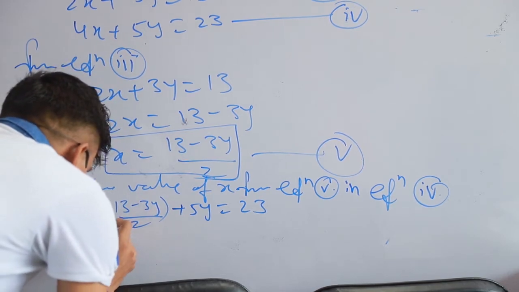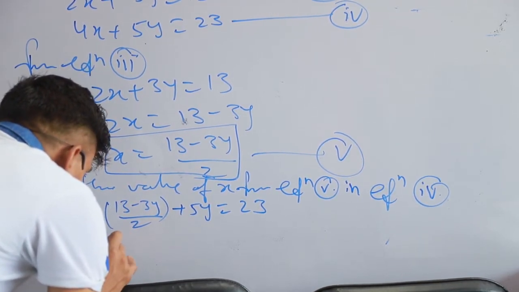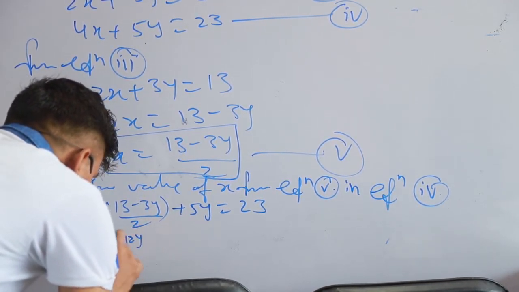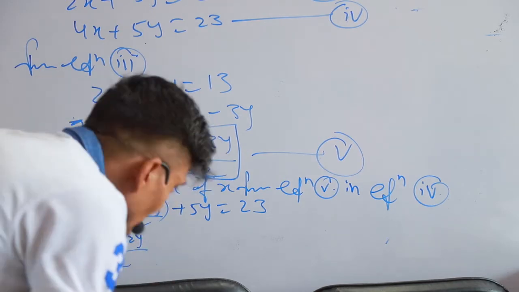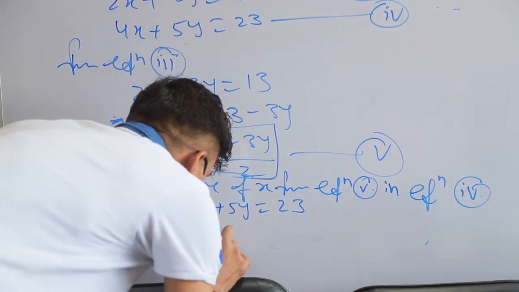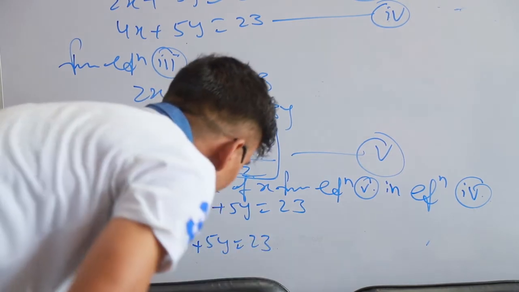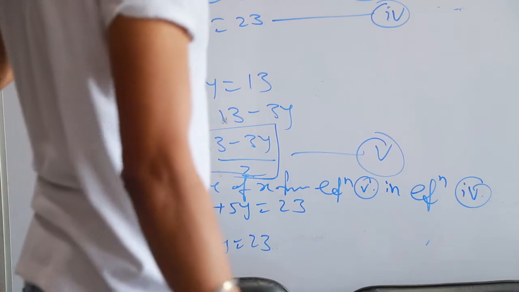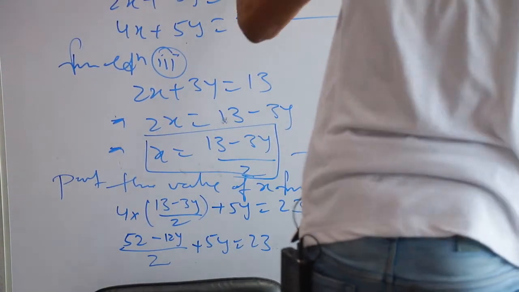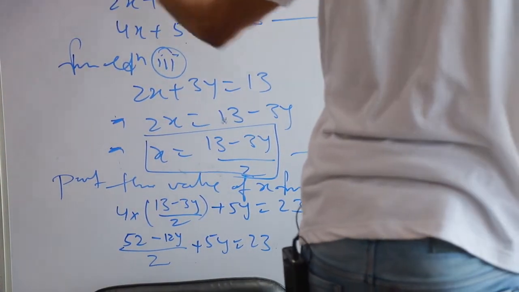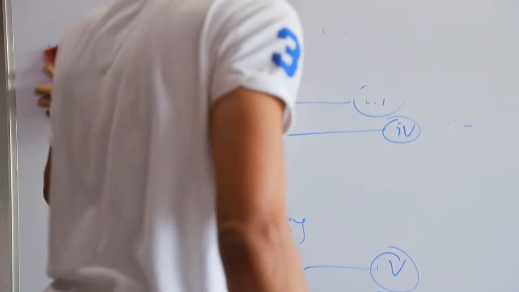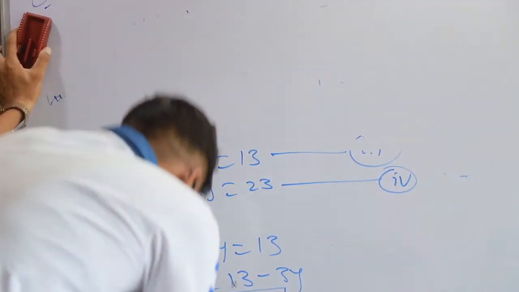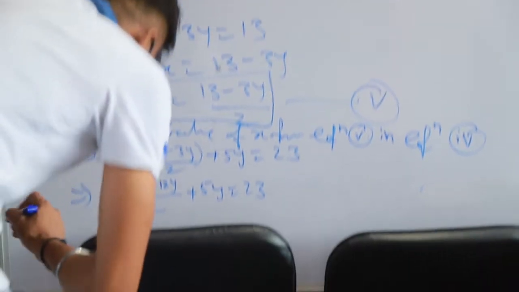Here 13 4 ja 52 minus 12y by 2 plus 5y equal to 23. थोड़ा मीठा ना था, इसको मिटाऊं क्या? ऊपर से लिखते हैं. Every place we have to put the implies.